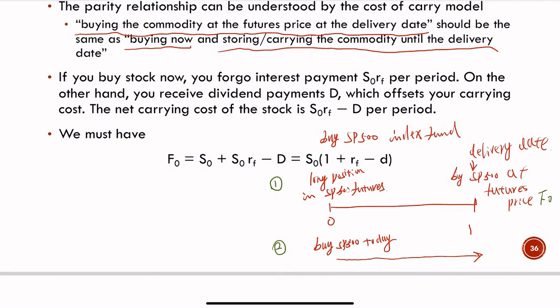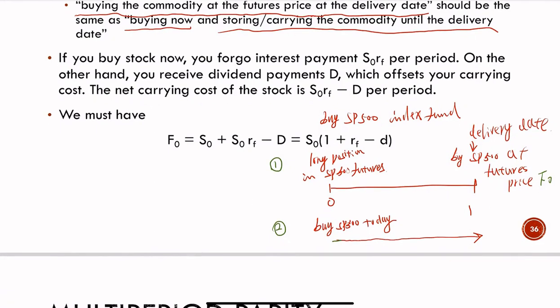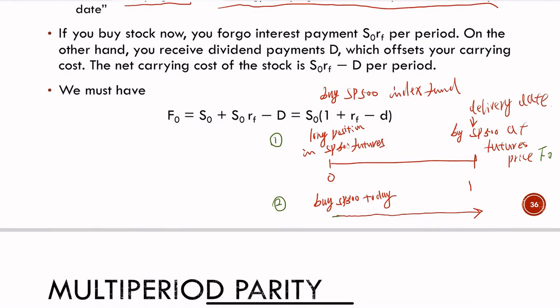Second, you can buy this SP 500 today, and you will hold the SP 500 in your account and wait 1 year. At the end of the year, you should get the same value. However, if you buy this SP 500 index fund today, you will incur some cost. Let's say the SP 500 today's price is S0.